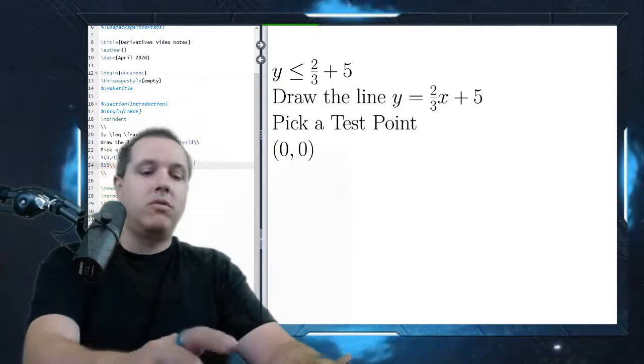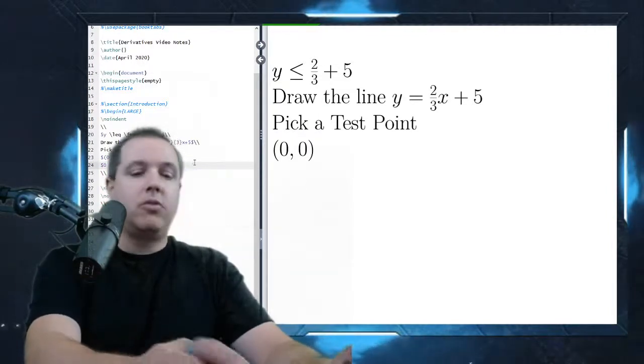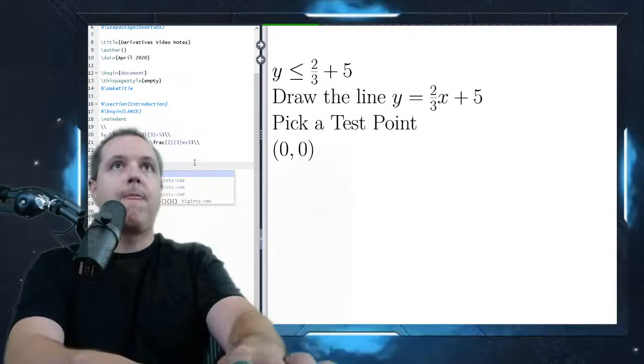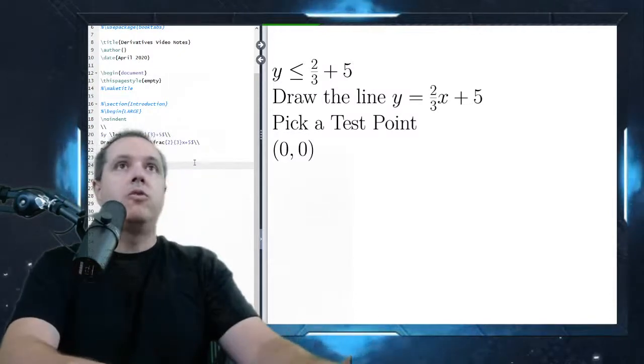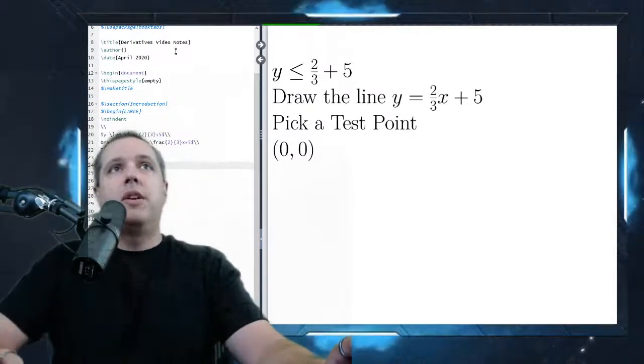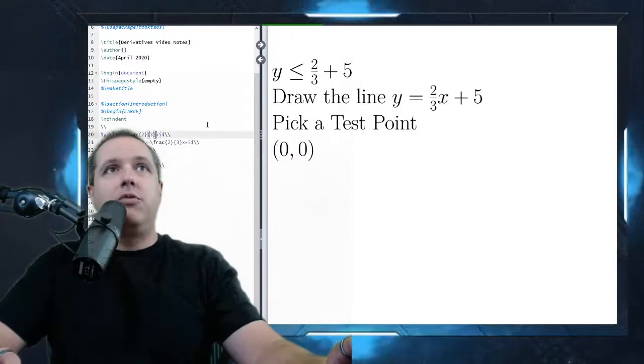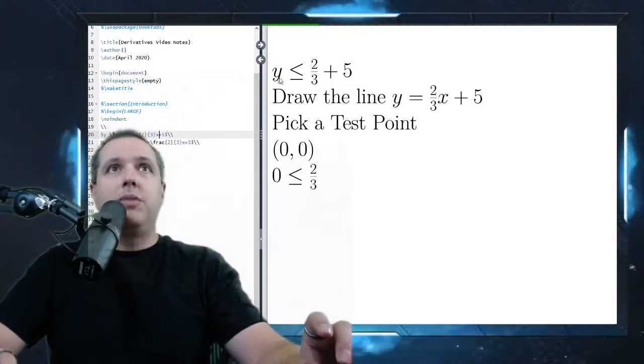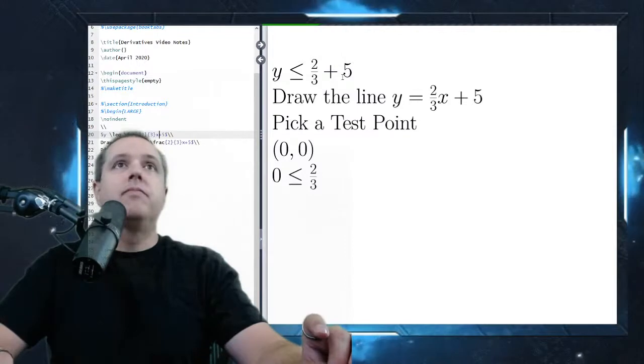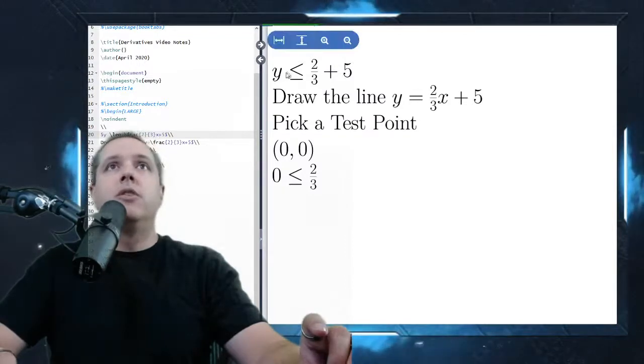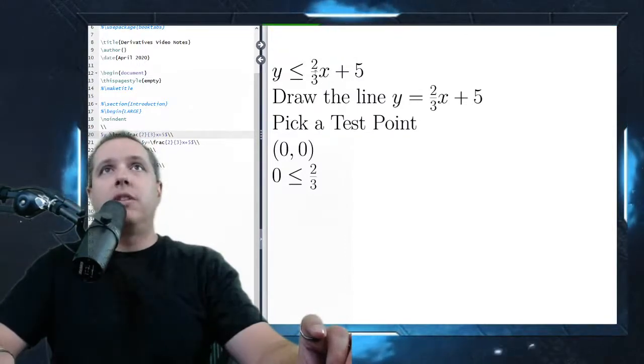So 0 is less than or equal to 2/3. Oops, I have a typo up here, don't I? This should say 2/3 x. Sorry about that. That should be an x up at the top. So it's y less than or equal to 2/3 x plus 5. Somehow my x didn't make it in there.